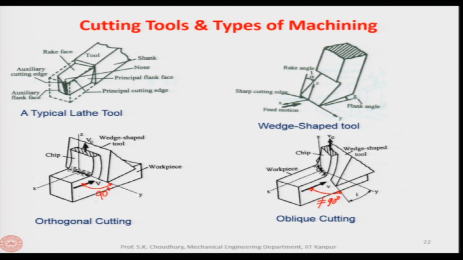You understand what I am saying, that the workpiece material will be grabbed by the tool gradually because it is inclined. Therefore, the strength of the tool available will be more in the case of oblique cutting, and that is the basic reason why oblique cutting is normally used in practice. We do not want the tool to wear out faster.